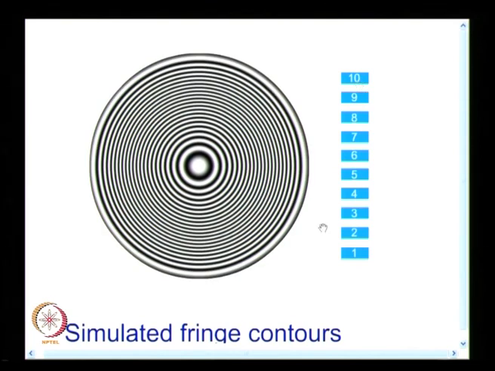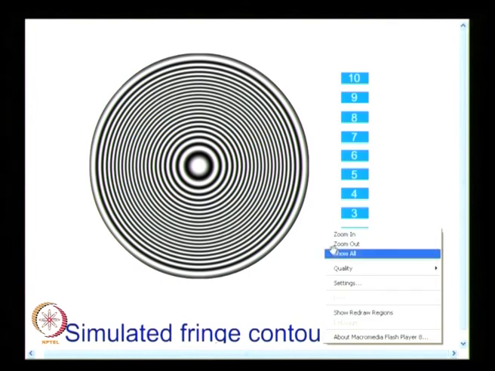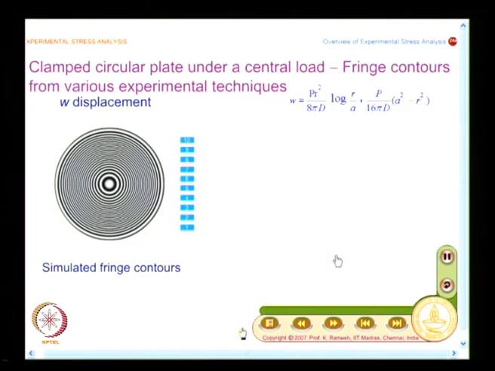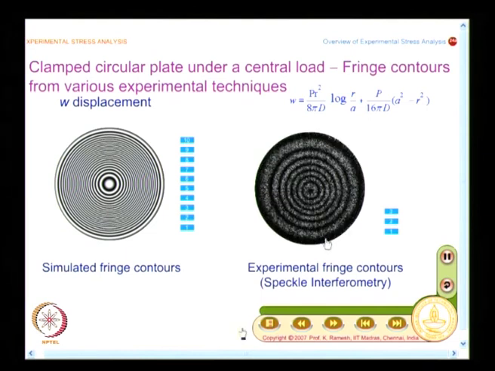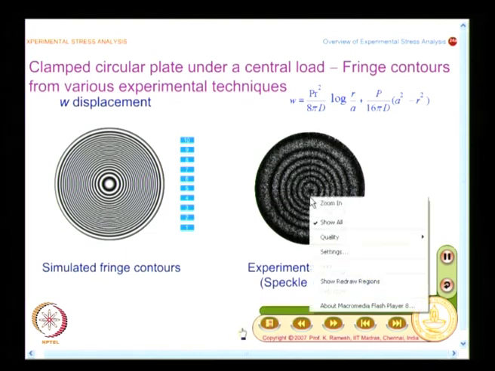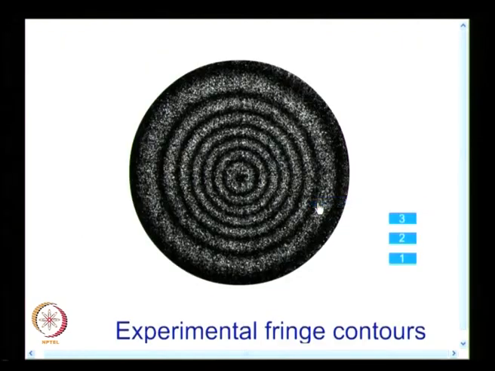If I want to look at an experiment, I can get this from speckle interferometry, and I will magnify this and show it. Here you do not find the fringes clearly marked dark and white, you have a speckle pattern, and these are called correlation fringes.